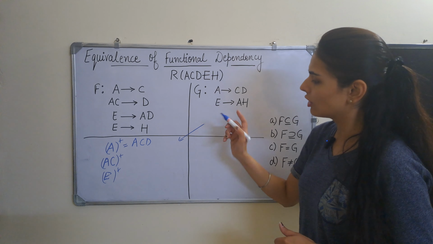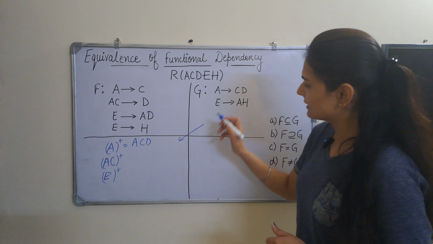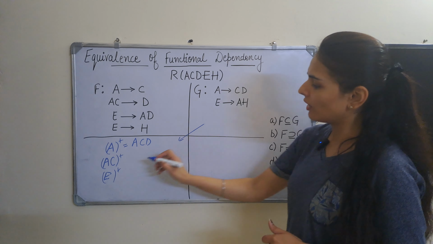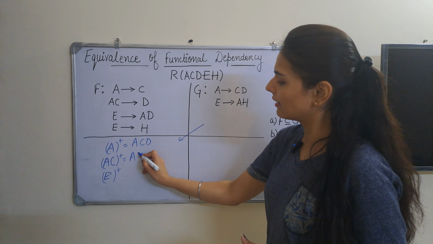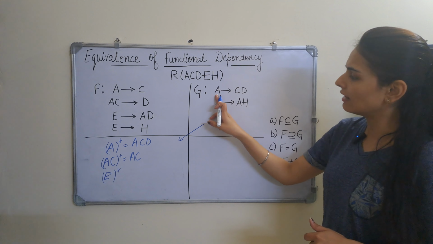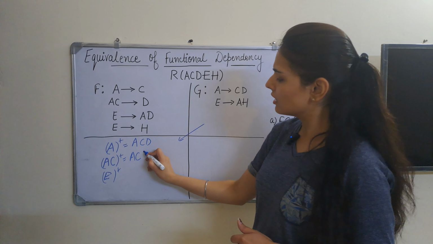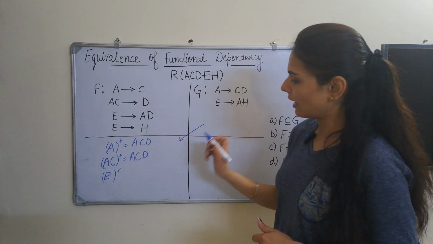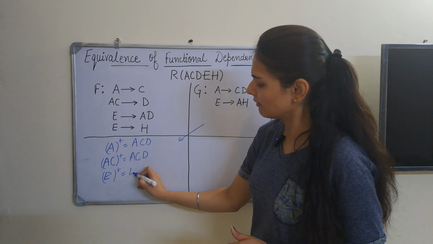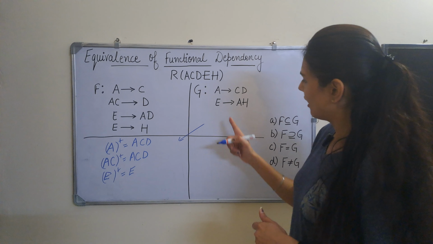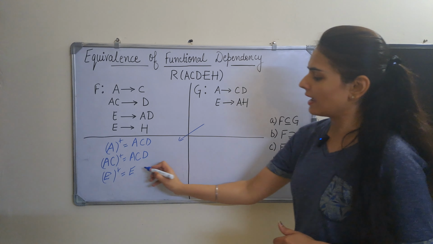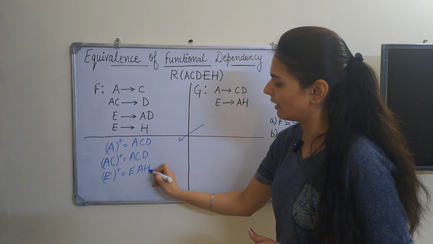Now anything else? No. Now again for AC, if we know AC, we can write out AC over here, and if we know A, we also know CD. C we already have over here, so now we will write D. And anything else? No. For E, the first thing that we write is E. If we know E, we also know A and H, so we can write A and H over here.